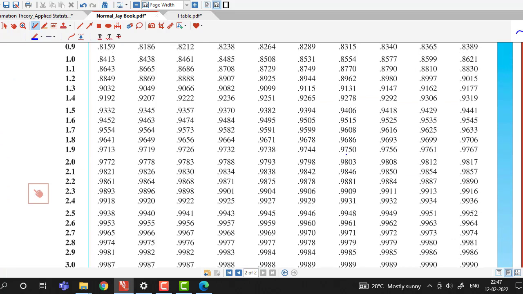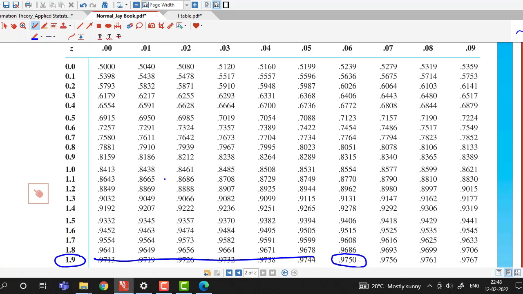Here I get 0.975, and it corresponds to the row value of Z as 1.9, and the column is 0.06.